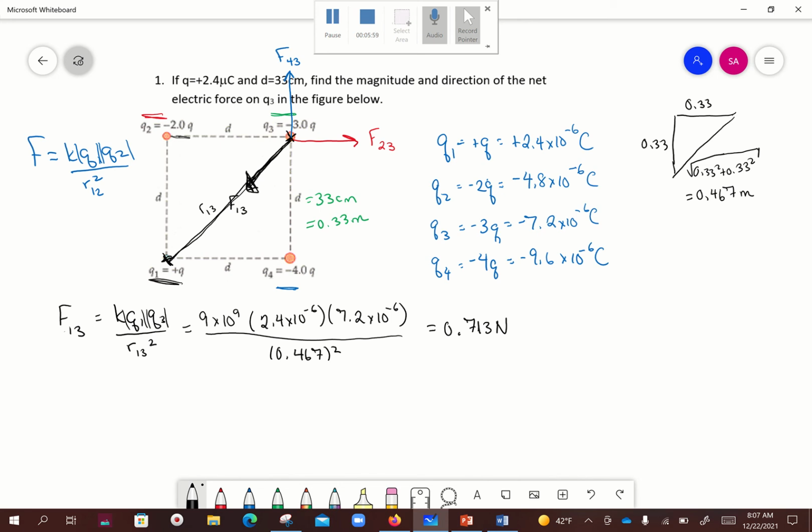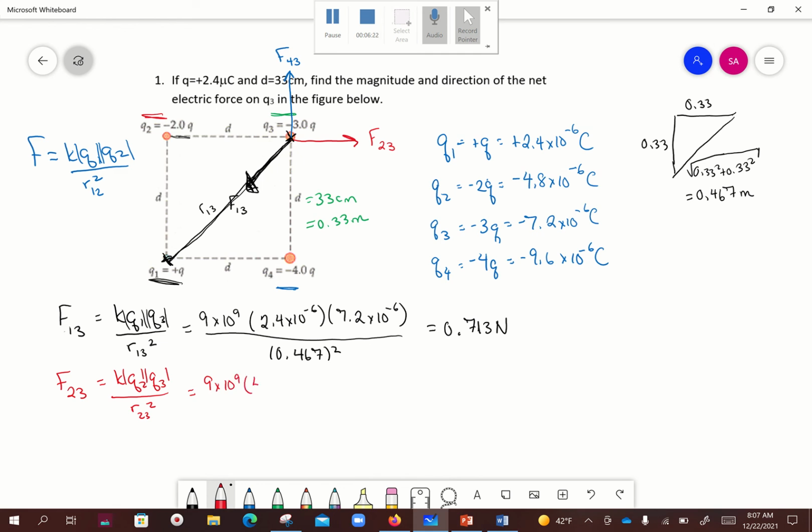All right, now I want the force between 2 and 3. Let me do my color coding and switch to red. F23 is going to be k Q2 Q3, and again I'm just going to take the sizes of them, divided by r23 squared. K is always 9 times 10 to the 9.